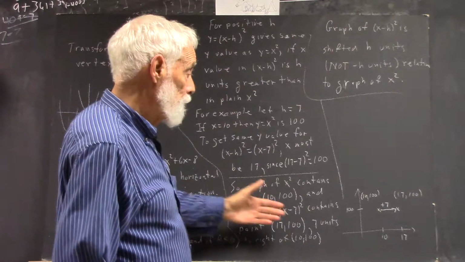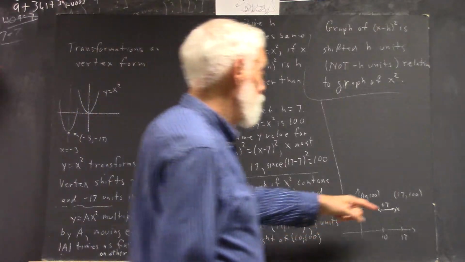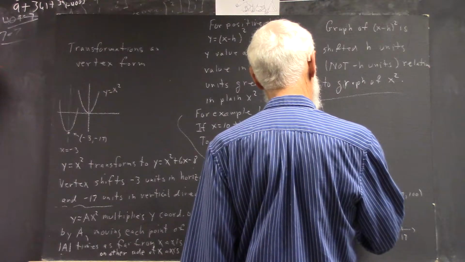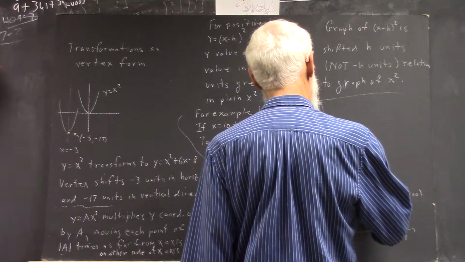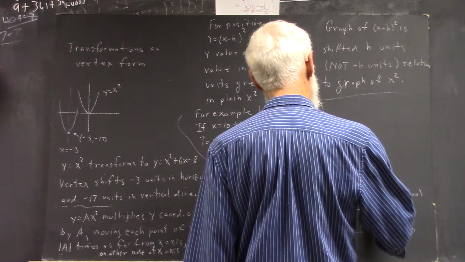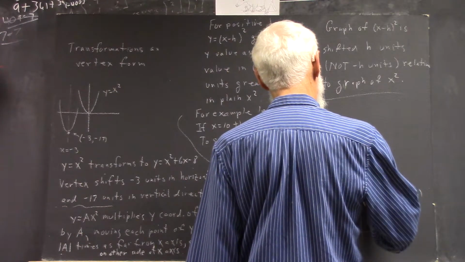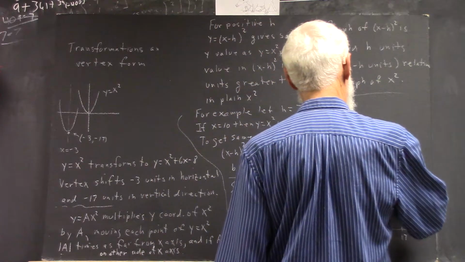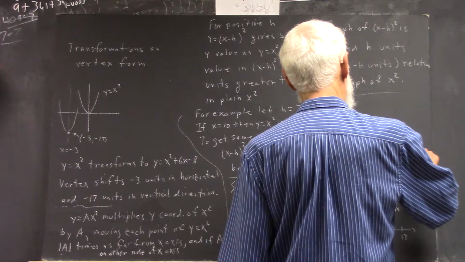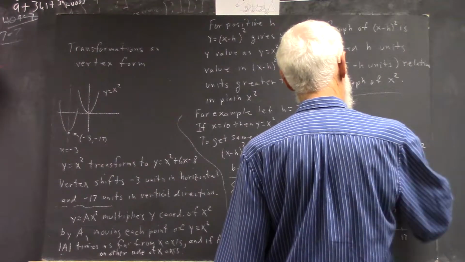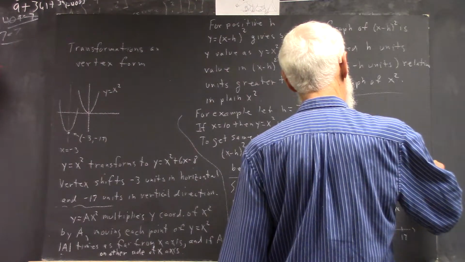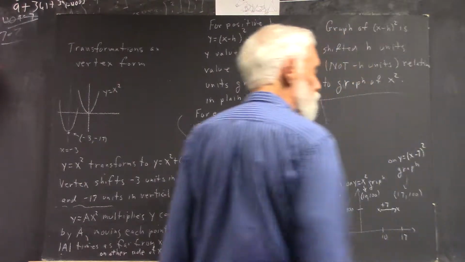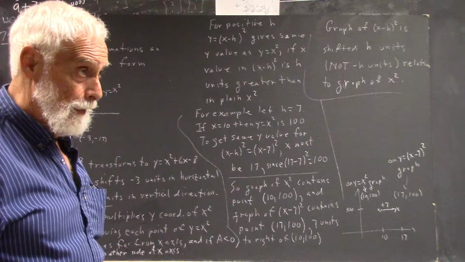I like at least having an example that shows why the points on the y equals x squared graph are matched by points on the x minus 7 squared graph that are 7 units to the right. Okay?